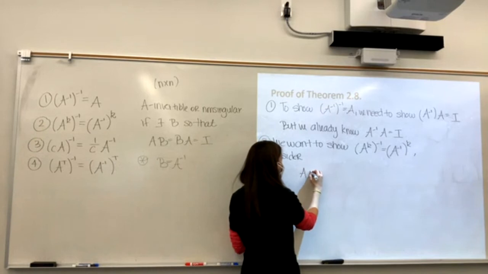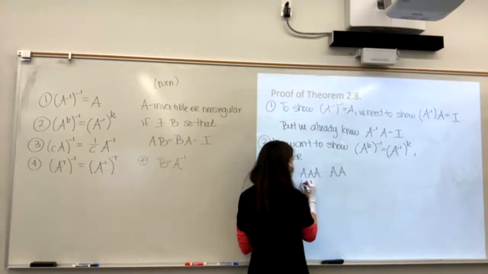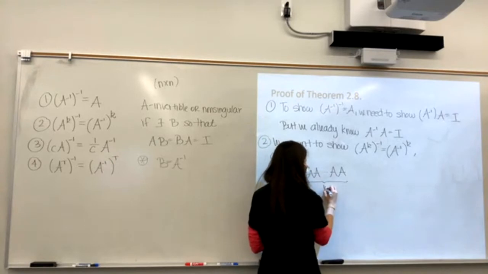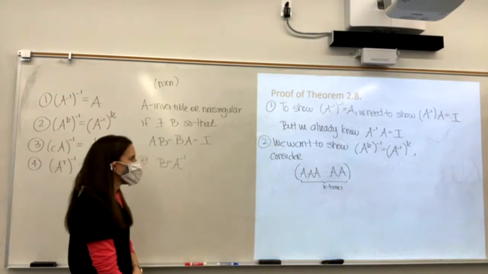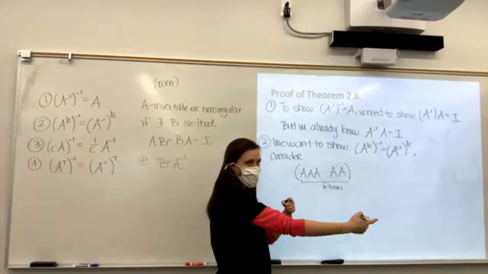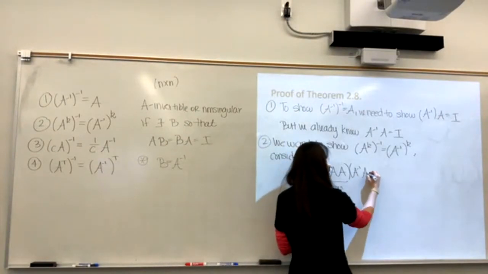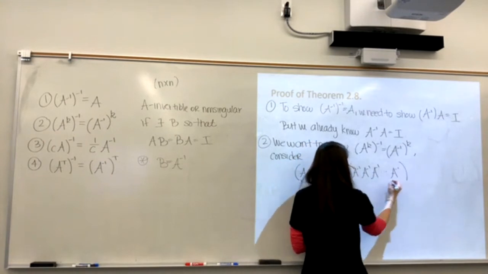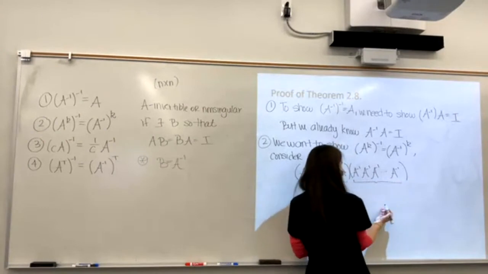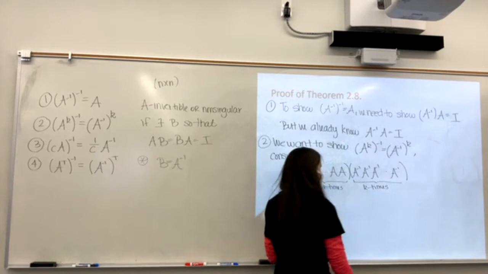On the one hand, I've got A multiplied by itself K times, so there's A to the K. I'm trying to undo all that to get to the identity. And I claim the way that I undo all that to get back to the identity is to multiply by A inverse, K times.